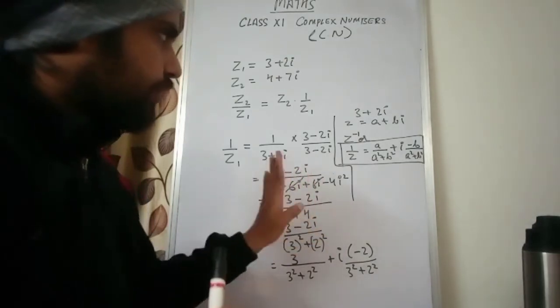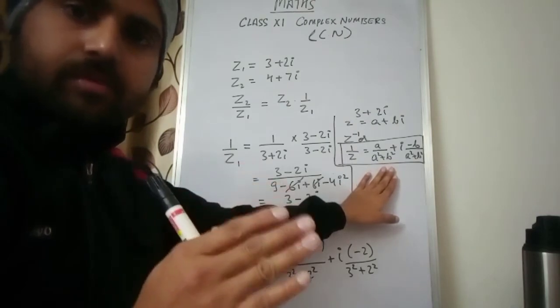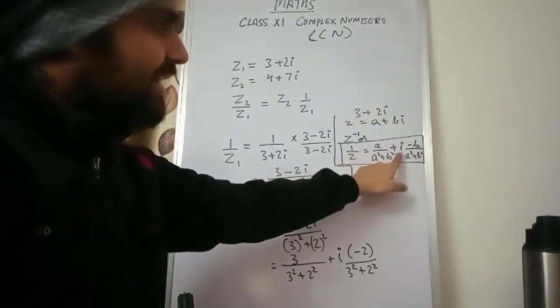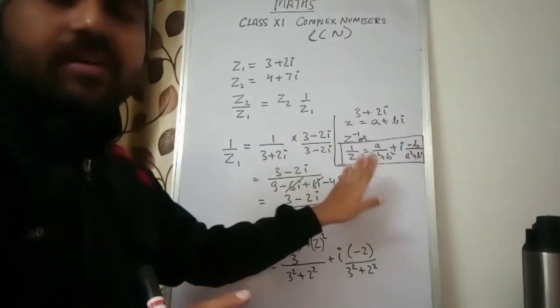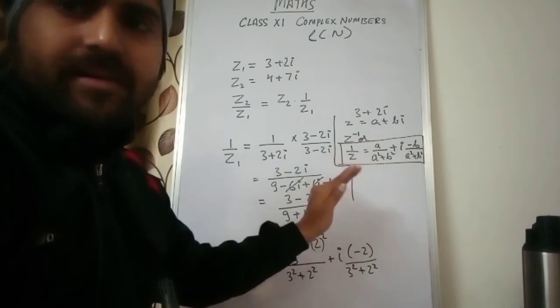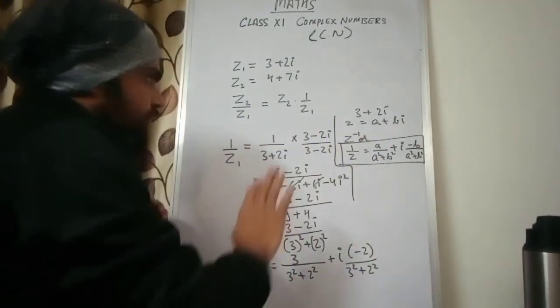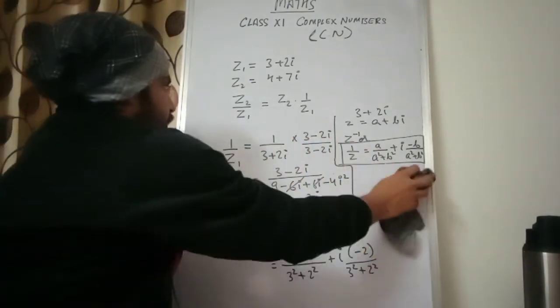I hope so. So this general formula you need to understand, you need to remember it. a by a square plus b square plus i minus b upon a square plus b square. This is the inverse of any complex number z, which equals a plus ib. So now I know this is the inverse of z. Fine. So I hope this is clear.